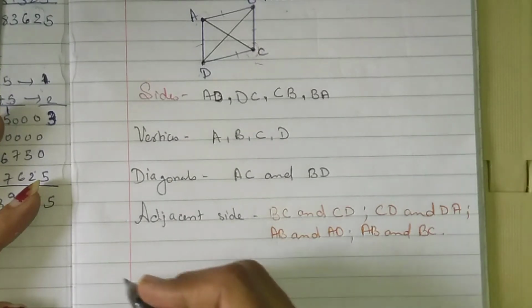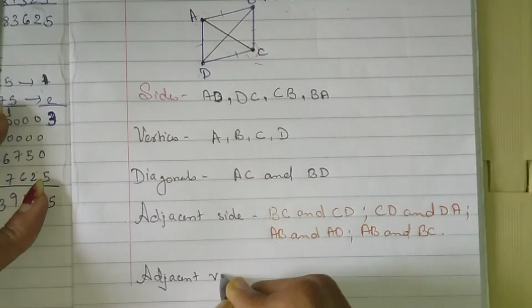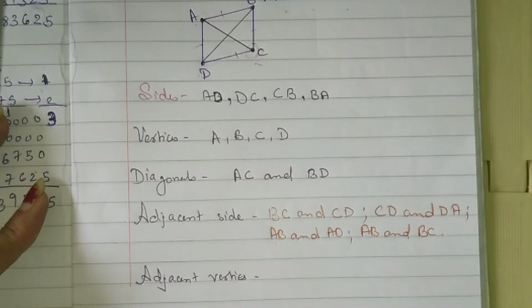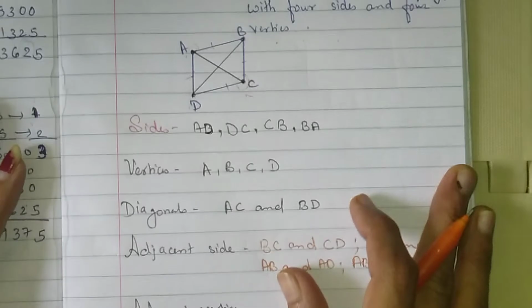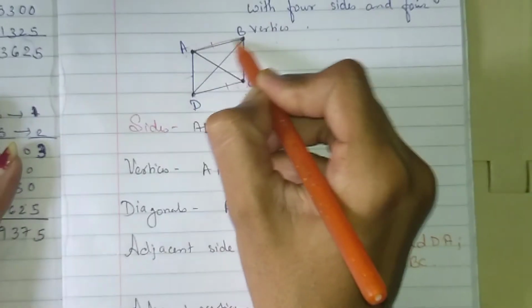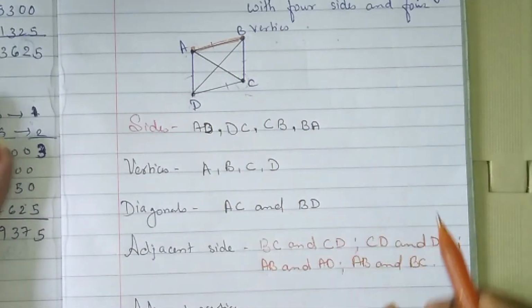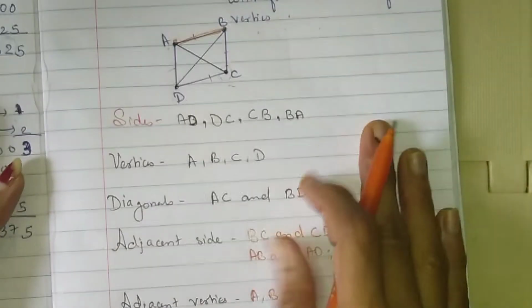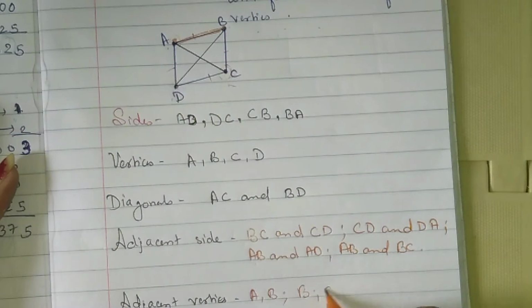Now adjacent vertices. Which are the adjacent vertices? If you have one line segment, its endpoints are called adjacent vertices. See in this figure, we can take one line segment, its endpoints are A and B. So vertices A, B. Another one, if we take BC, so BC.